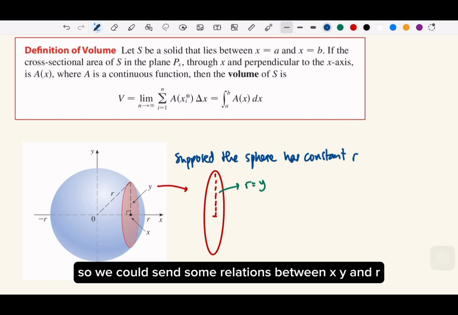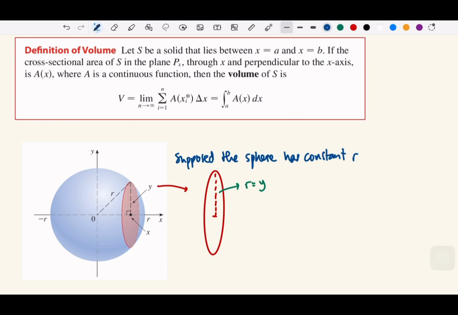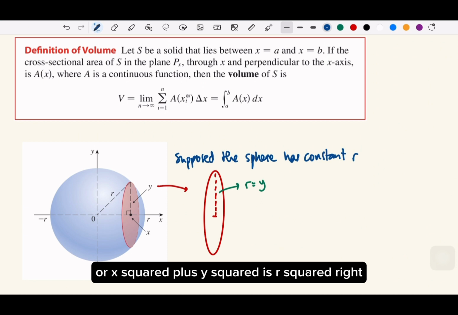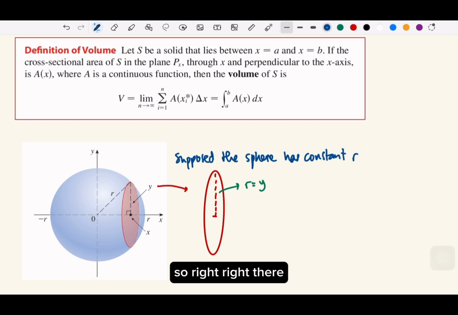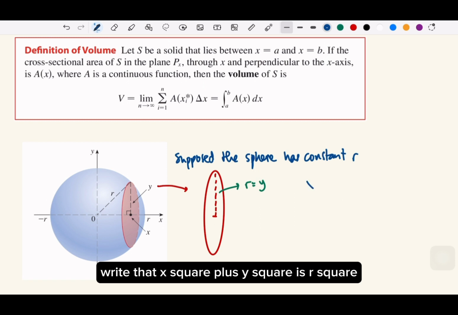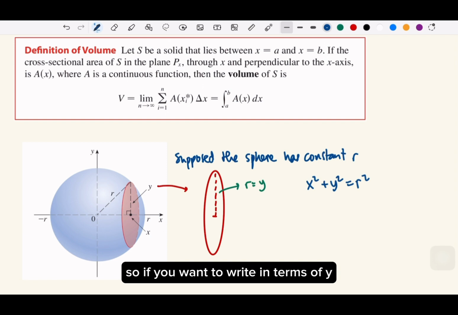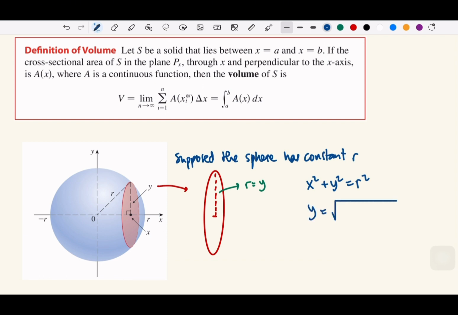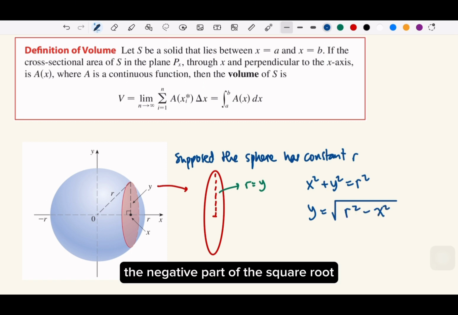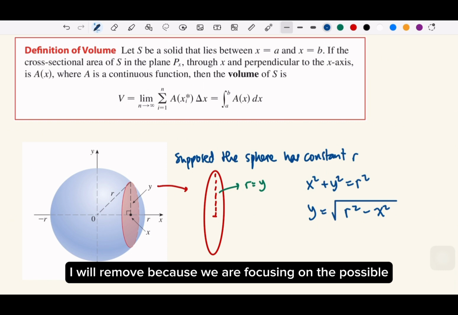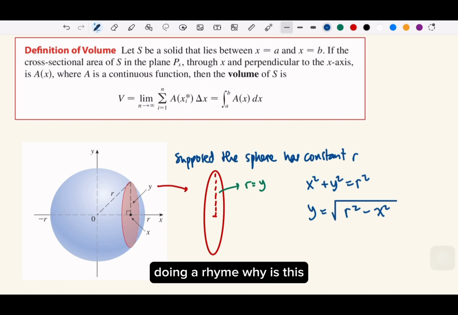We could set some relations between x, y, and r. So x squared plus y squared is r squared, right? Let me write that. If you want to write in terms of y, then this will be the square root of r squared minus x squared. The negative part of the square root I will remove because we are focusing on the positive one. So we can write y as this.